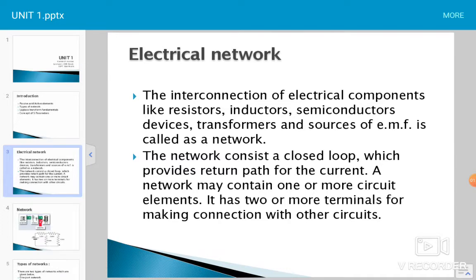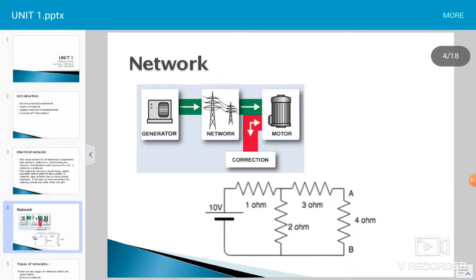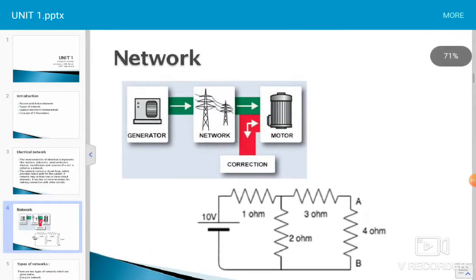Let's go for one example. In the above figure, the first figure, you might have seen one generator, one transmission line, and the motor, and maybe other active or passive components get together in this circuit.